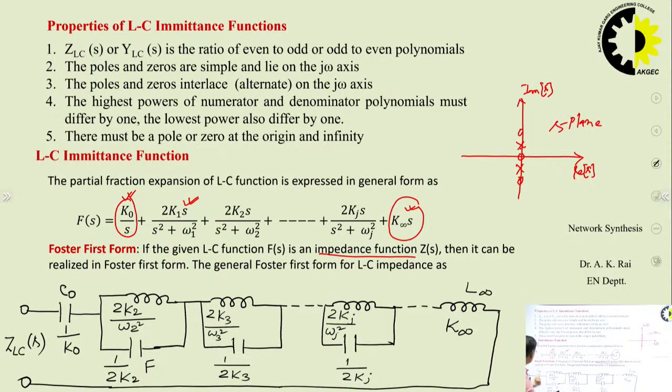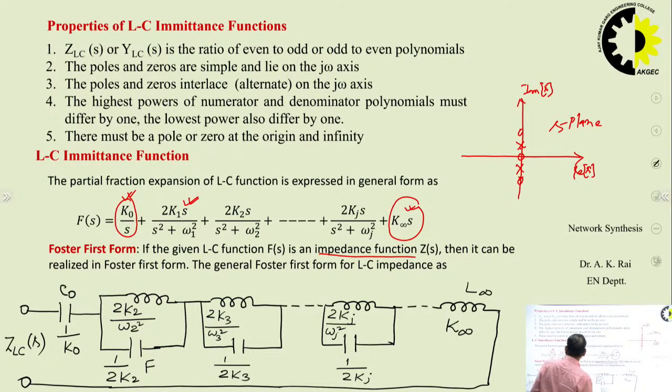We can look here, this and this. This is an impedance and we are going for the Foster first. So this is an inductor, j omega XL is equal to j omega L, and replace j omega by s. So we get sL. So this is an inductor of inductance k infinity, so this will give the L infinity.